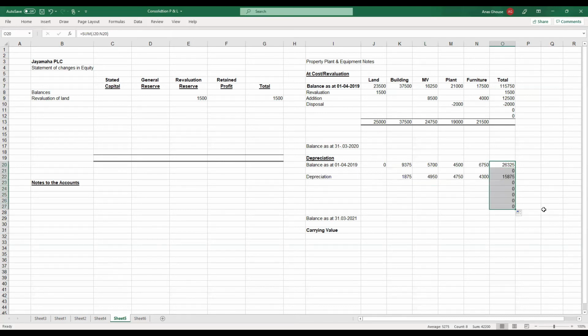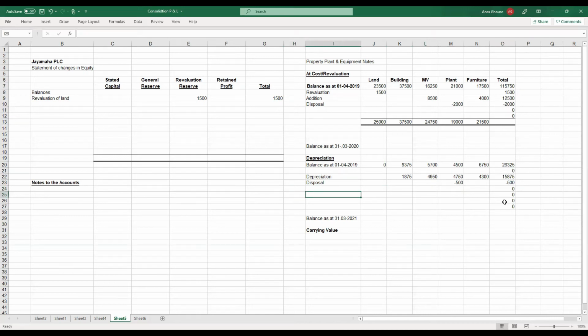Okay, so that total is 15,875,000. Okay, this we have already accounted in the distribution expenses and administration expenses. So then we had disposal of machinery. We removed 500,000 to calculate the disposal profit.